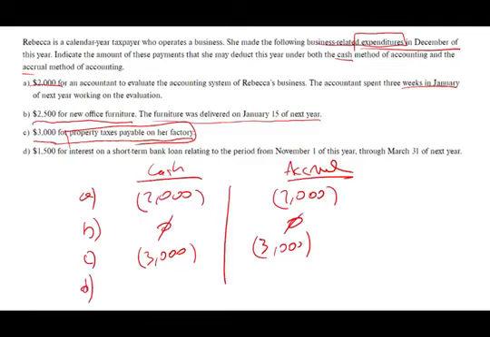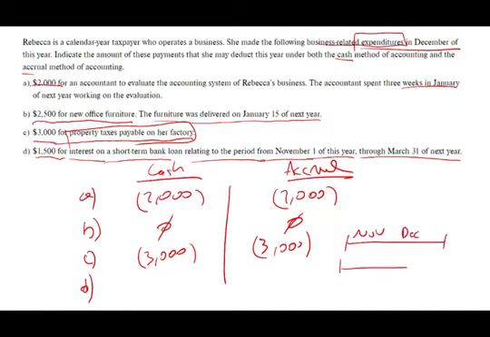D, $1,500 for interest. You paid $1,500 on interest on a short-term bank loan relating to the period from November 1st of this year through March 31st. Okay, so we paid this, that's fine. We wrote the check. However, this check covers November, December, January, February, and March, right?